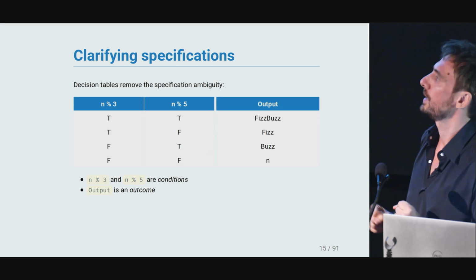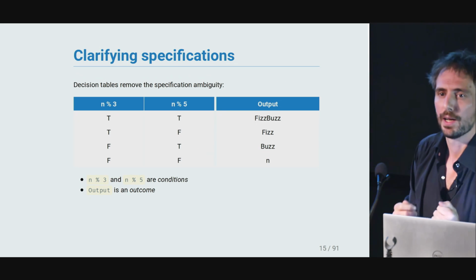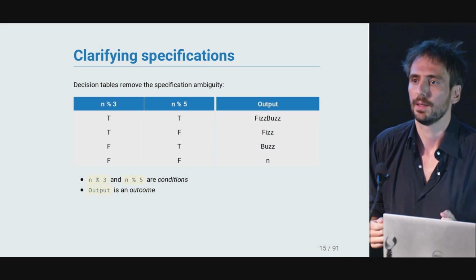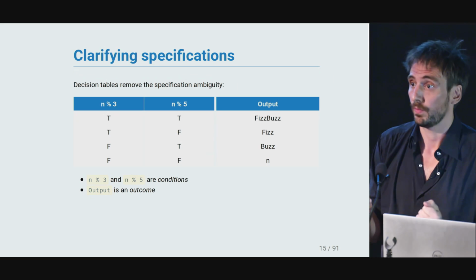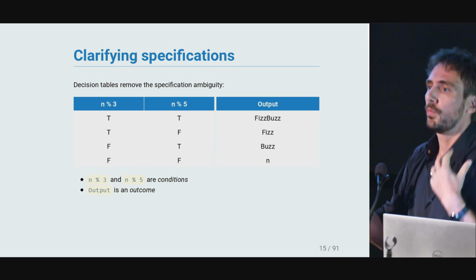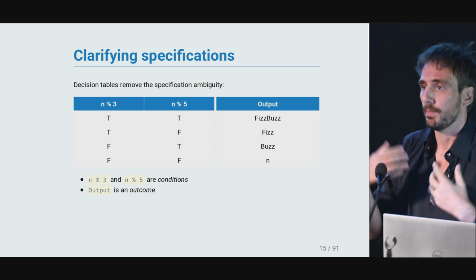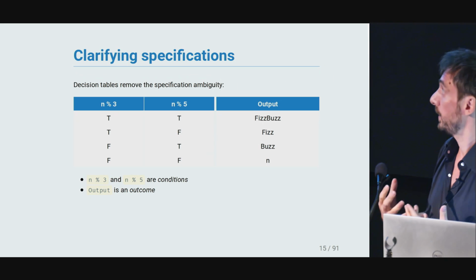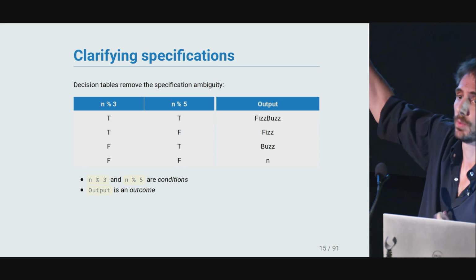The good thing about decision tables as well is they're so simple that you don't have to write them yourself. You can get your business type people to do it for you. This is a very good way for specifiers and implementers to have a conversation because it is non-ambiguous.